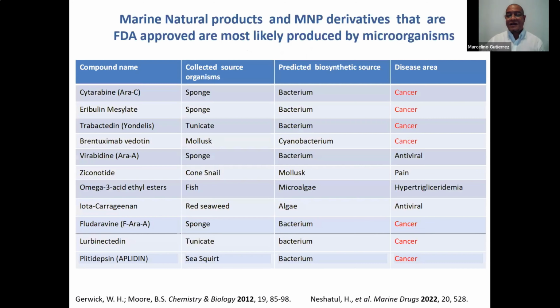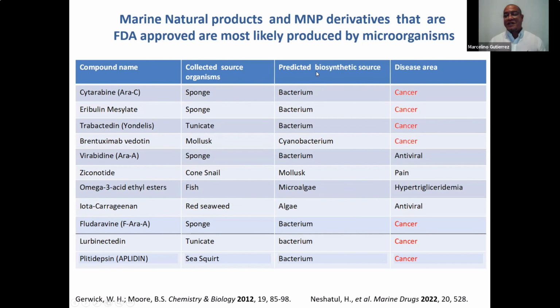Here there is a table published by Bill Gerwick and collaborators, and in 2012 you can see an update on marine drugs for this year. Here we can see several compounds that are approved and already on the market, and the organism from which they were first isolated.